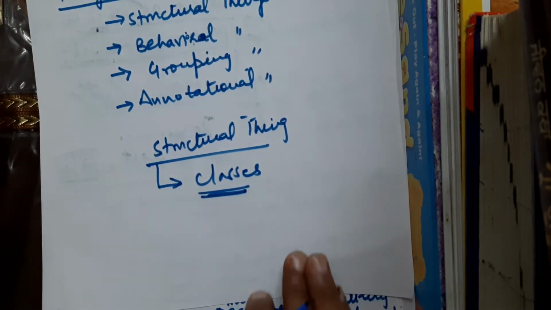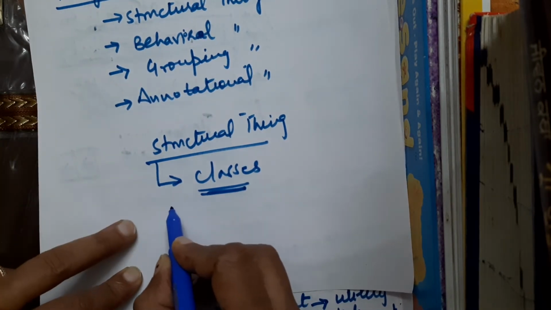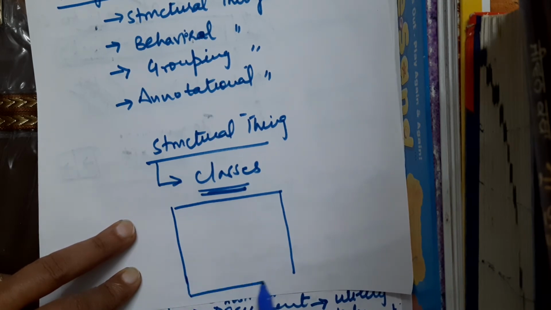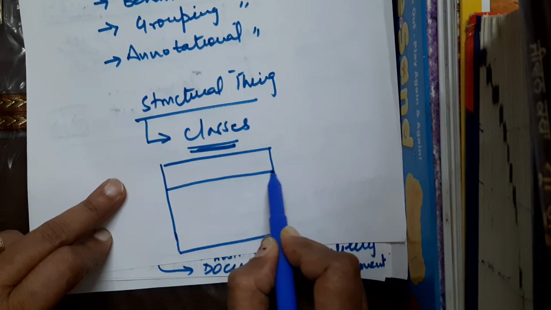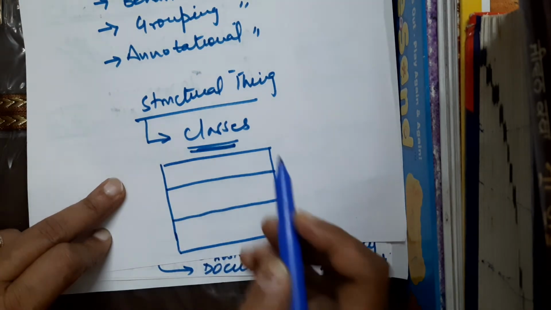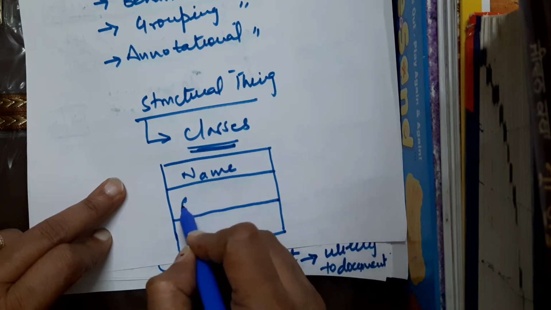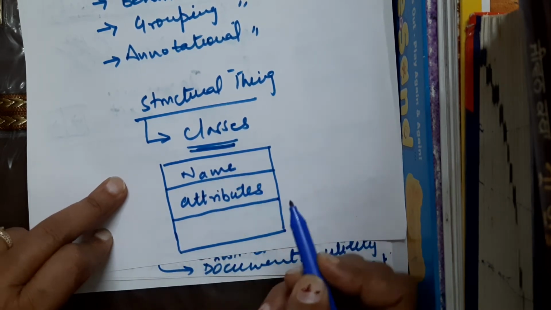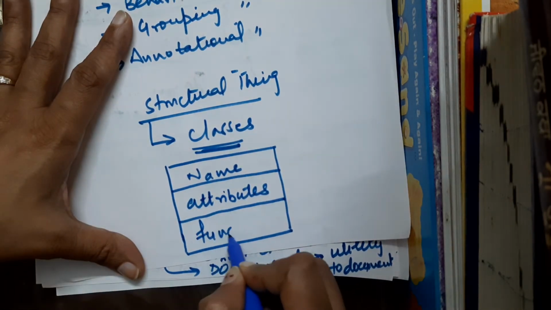When we have to make use of UML software, we must be clear about the symbols that we use for development of software, and the very first symbol is class. So in UML, a class has three parts. First one is the name of the class. Second is the attributes that we want to declare, or you can say variables. And third is the functions.